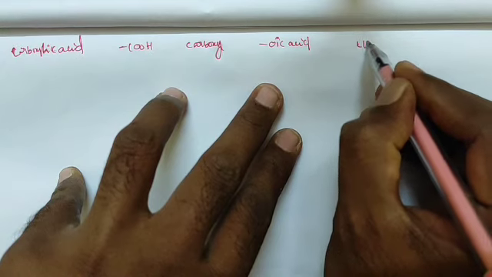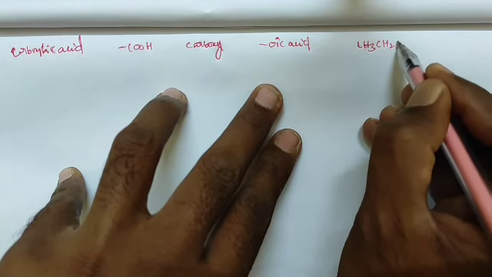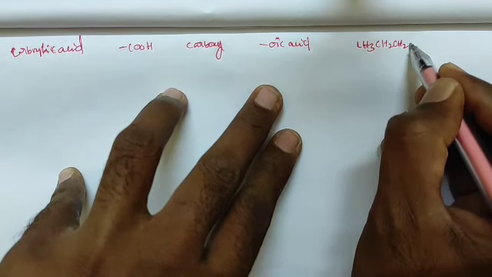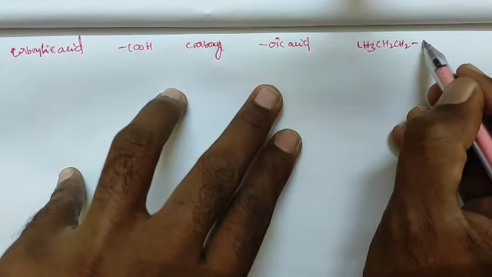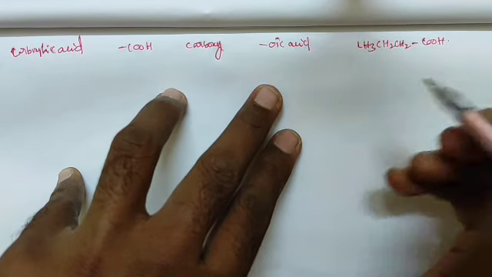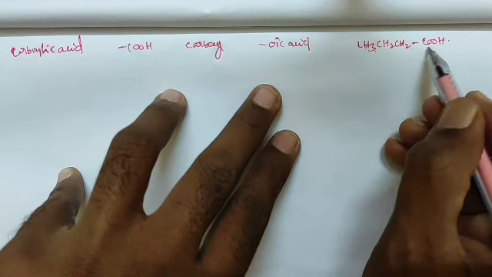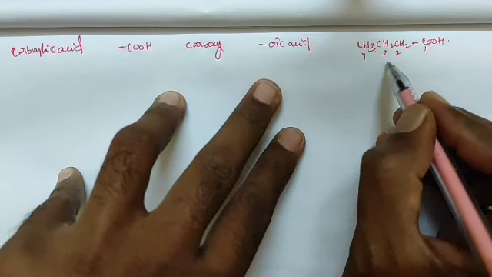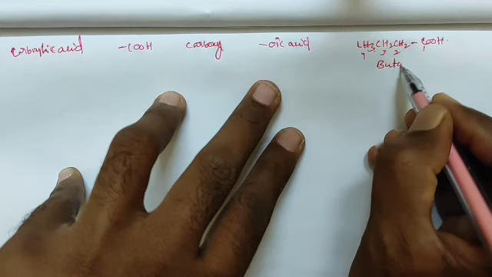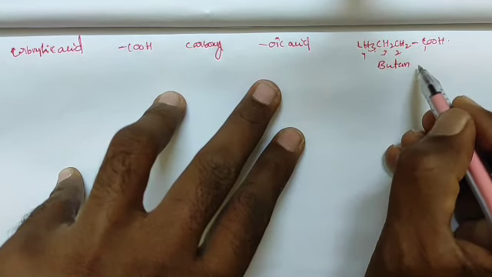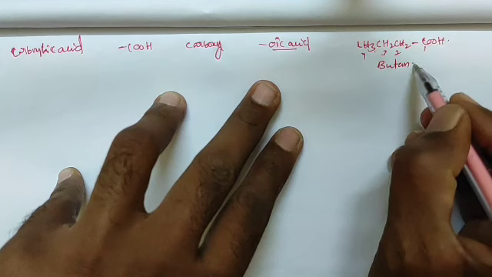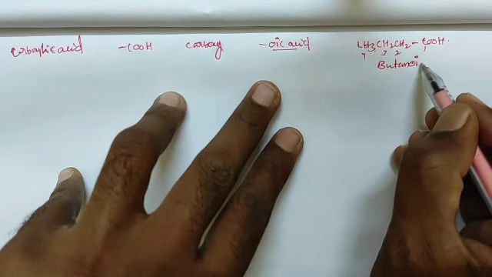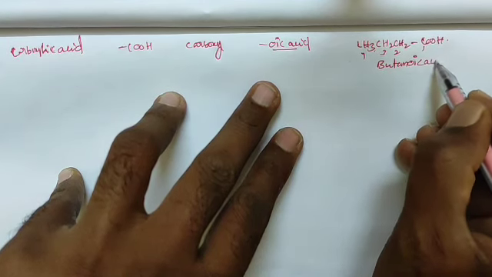Example: CH3, CH2, CH2, COOH. How many carbons? 1 2 3 4 carbon atoms. 4 carbon atoms means butane, so butanoic acid.